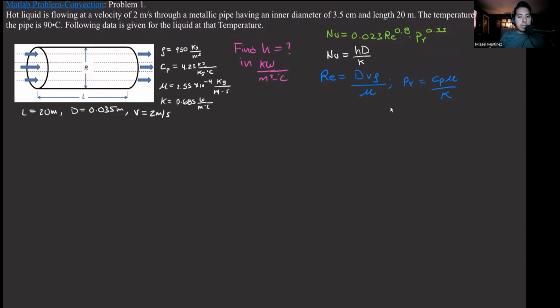First we find the Reynolds and Prandtl numbers. For Reynolds, we have the diameter, 0.035 meters, times the velocity, 2 meters per second, times the density, 950 kilograms per meter cubed, divided by the viscosity, 2.55 times 10 to the negative 4 kilograms per meter second.